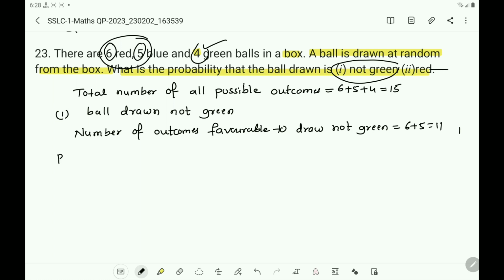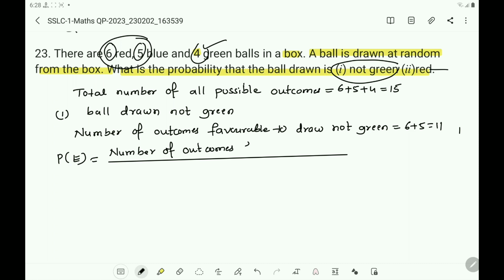Then you write P of E. P of E is the probability of E, that event. And in the numerator you write number of outcomes favorable to E, means this event, that divided by number of all possible outcomes.